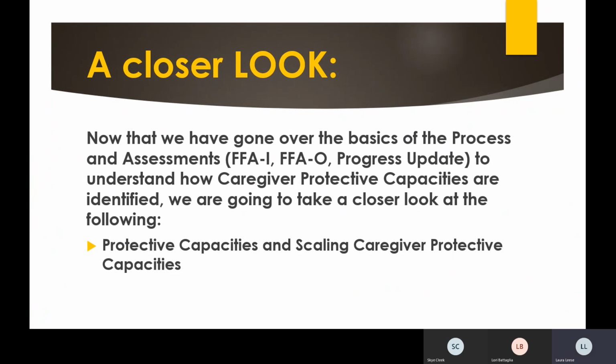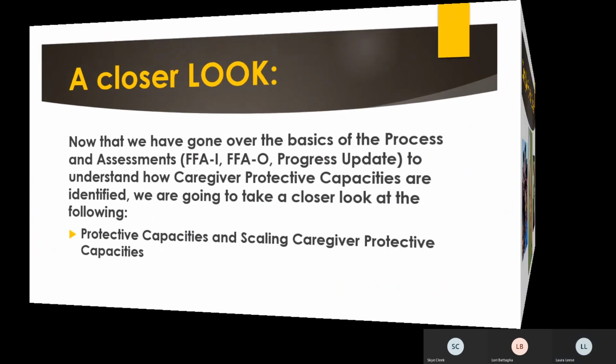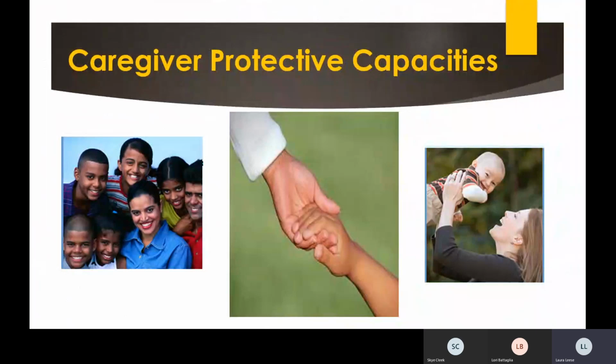So what we're going to do is go into a deeper dive of the actual protective capacities, what that means, as well as the scaling that we in case management use to identify the enhanced and diminished protective capacities. Okay, so the first thing we're going to talk about is the caregiver protective capacities.